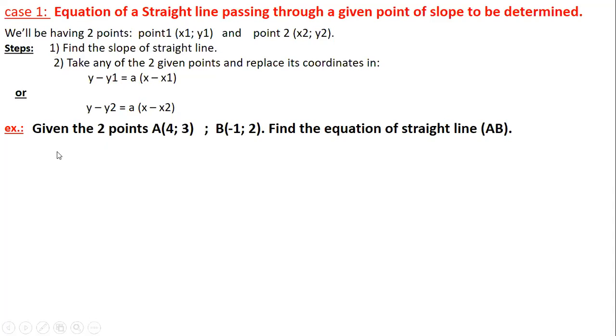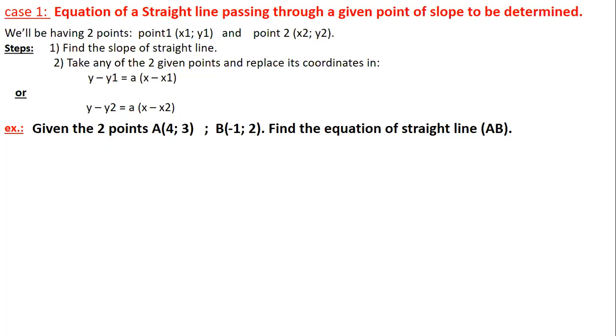What are the two given points in the question again? A and B. So what should we write? Slope of a straight line AB is equal to what?